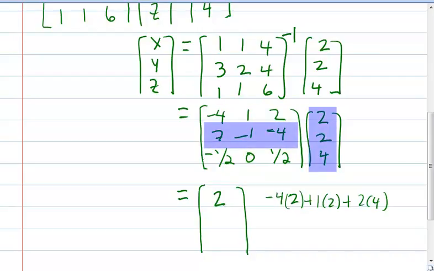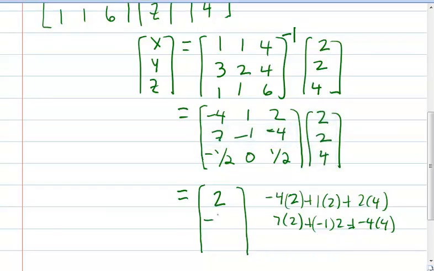In the next position, I have 7 times 2, plus -1 times 2, plus -4 times 4. So that's 14, and -18 will give me a -4 in that spot.